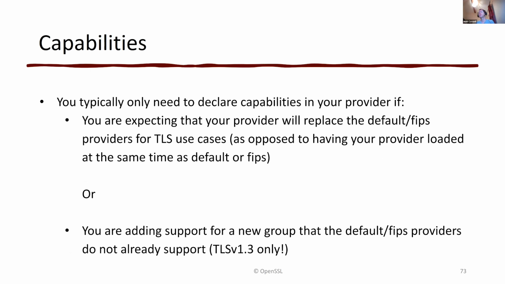If your provider is just going to be used alongside default and FIPS, so you're going to have default or FIPS loaded and your provider at the same time, then you don't need to declare the capabilities. Or the other situation is if you've got some completely new group that doesn't exist in default, doesn't exist in FIPS, libssl doesn't know anything about it, and you want to add that new group and make it available for TLS, then you'll need to declare a capability in that case.